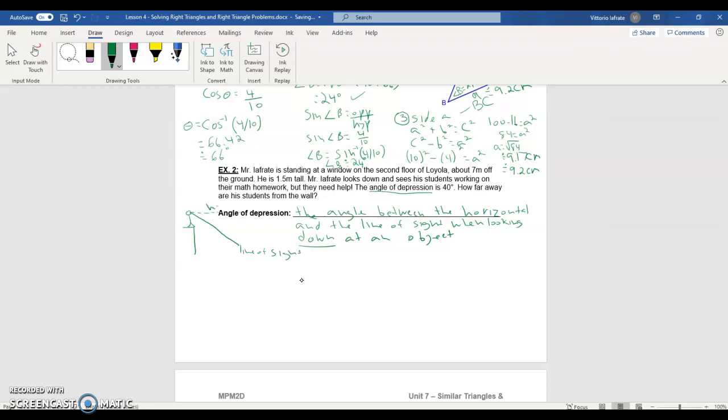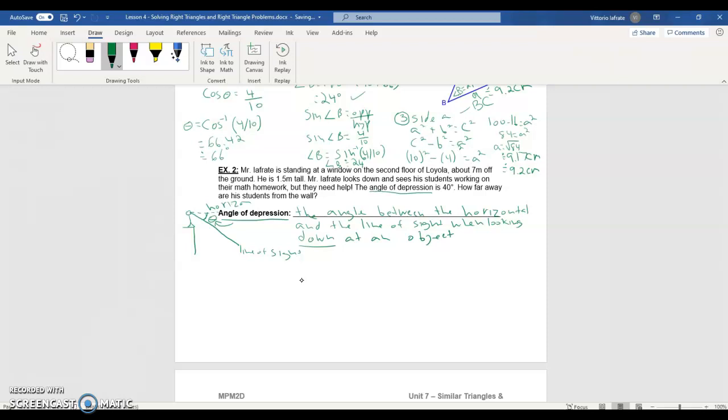This is the horizon or the horizontal. And this angle between that horizontal line and this line of sight, we'll call it theta for now, that would be your angle of depression. Right there. And so you can use the angle of depression to create these triangles to help you solve problems like this one over here.